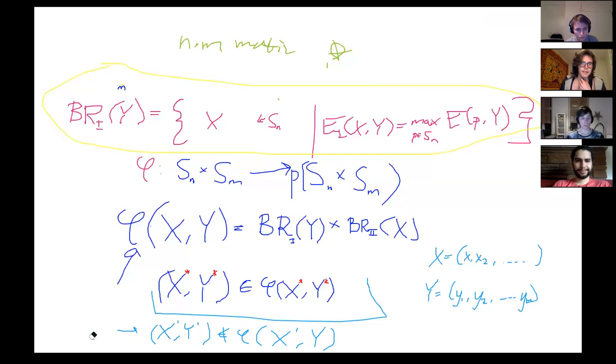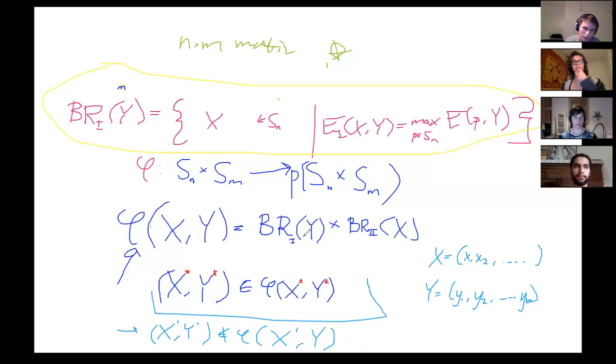When player one is playing X prime, then player two can respond with a strategy which is better than playing Y prime. Yes. Okay. So Y prime is not in the set. Maybe the best response for player two when player one is playing X prime is not necessarily Y prime, and so they can benefit from changing strategy.